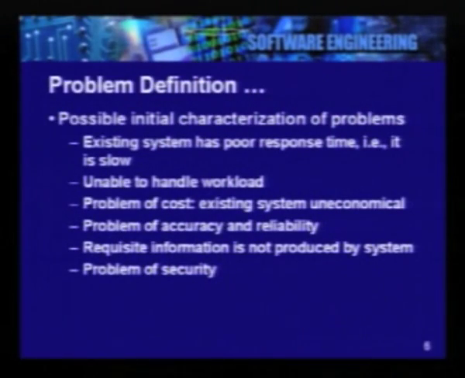Now, once we characterize the problem facing the user in one of these categories, we can think of an appropriate solution from our past experience where we have built solutions for such kind of problems. You should also note that these different problems that we have listed here are not necessarily disjoint, but still the focus of the project can be categorized in one or two categories from here, which can be very useful to us in subsequent phases.